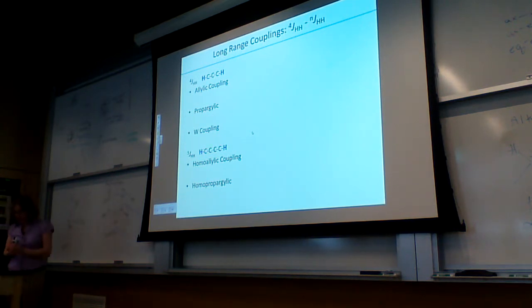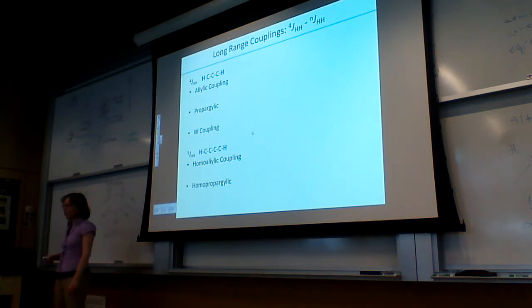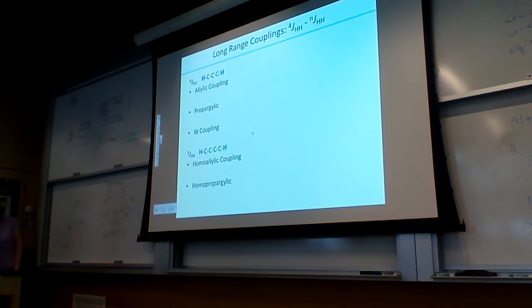The last one is the allylic, and for our J4 coupling, propargylic, and the W coupling, and then we have J5 coupling, homoallylic and homopropargylic. These are ones that are not very common. For the allylic coupling, we're talking about having a carbon that has a double bond, you have the hydrogen, and then we have a substituent, another carbon, and a hydrogen attached to the CH2 group.